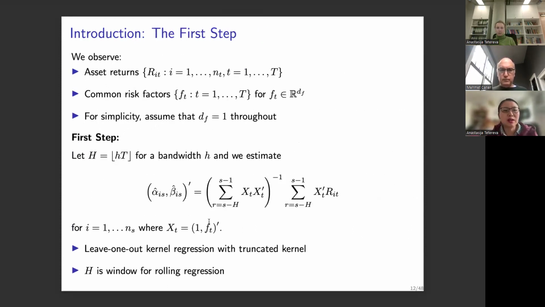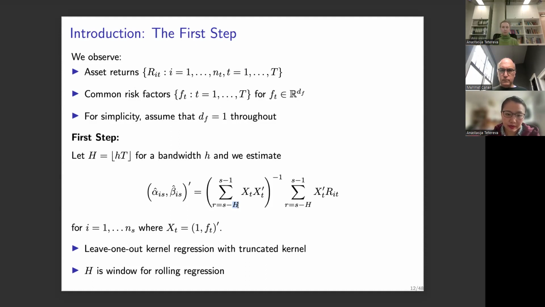In the first step, as I said verbally, we put a formula as a translation of what I said. Notice that we use a local constant estimator exactly because that matches what people do in practice. What people do is take a window, typically a 5-year rolling window, which is the most common rule of thumb in the empirical literature.